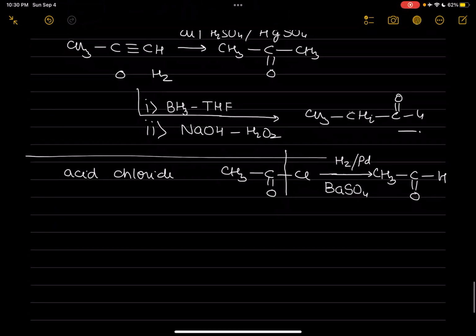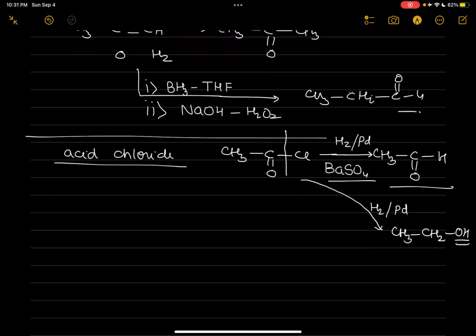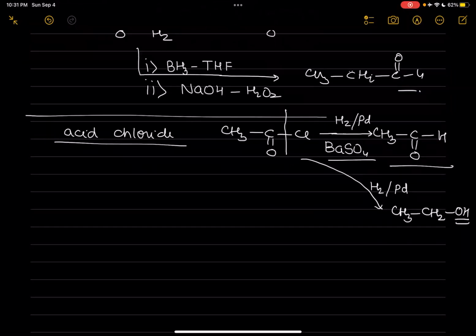That stops the reaction at aldehyde only. If you don't take BaSO4 and take simply H2/palladium, you will end up with alcohol. But you want the reduction to stop at aldehyde, so you take barium sulfate, which acts as a catalytic poison. We deactivate the catalyst, and the reduction stops at the aldehyde stage only. This method is known as Rosenmund reduction.